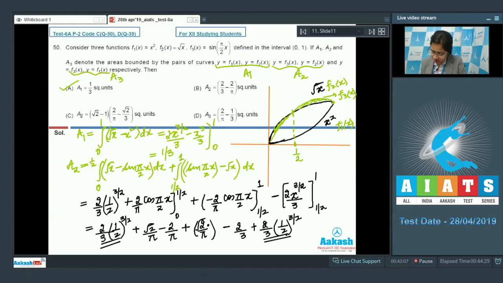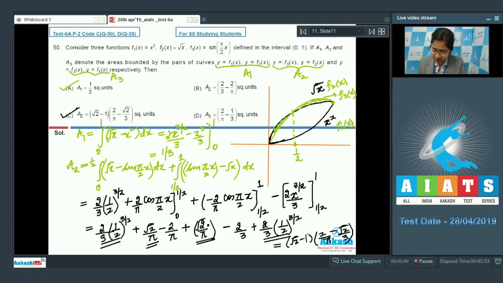So these two have got doubled and these two have also got doubled. So this will be equal to (root 2 minus 1) into 2 by pi minus root 2 by 3. That is given in option C.